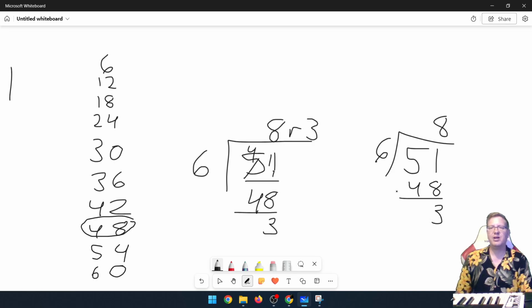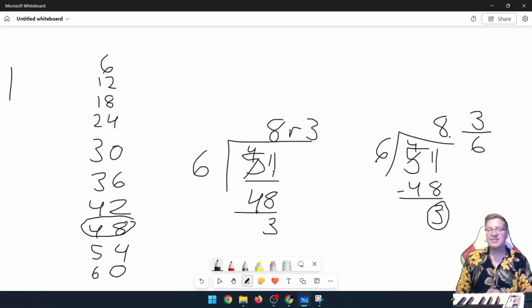And so the part where students occasionally get a little bit thrown off, the 3 is going to be the numerator. This is going to be the top number of our fraction. The divisor is going to be the denominator. So our answer would start as 8 3/6.